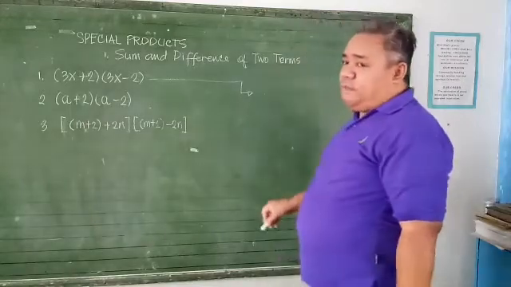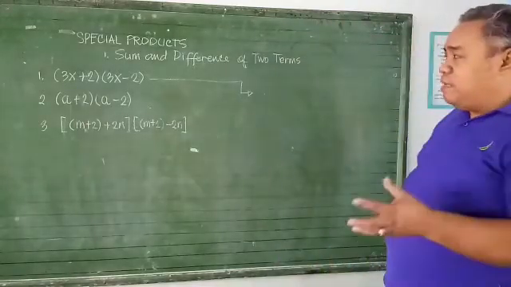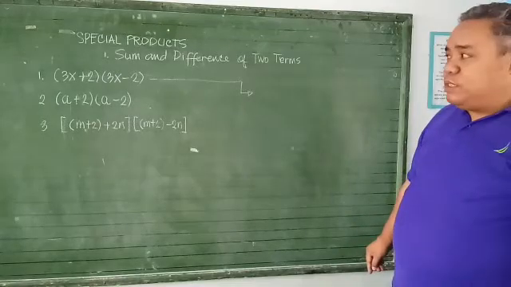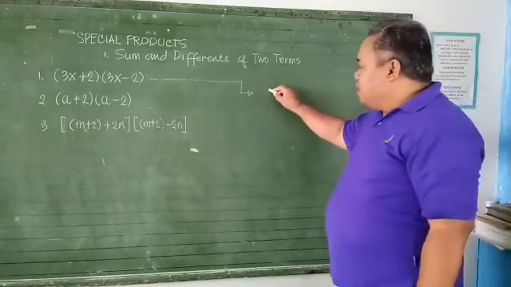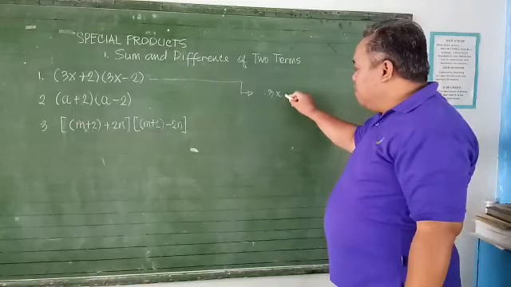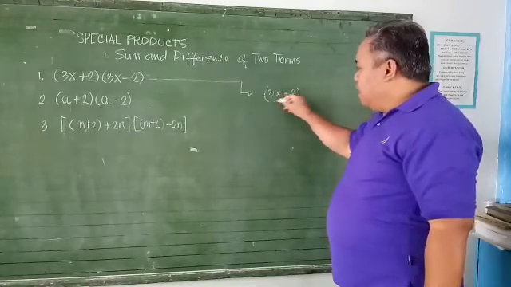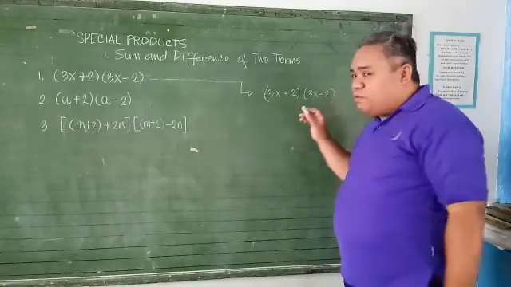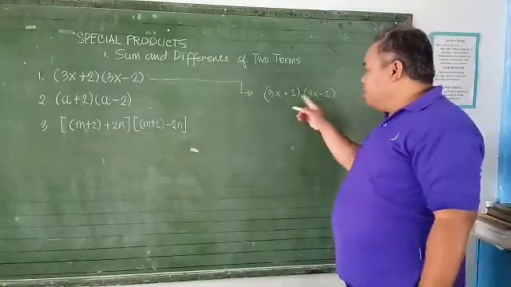Okay, ganyan yan. So remember that the sum and difference of two terms will give you a product of a difference of two squares. So let's write this one. This is 3x plus 2, and then the other one is 3x minus 2. So all you have to do is to square the first term.